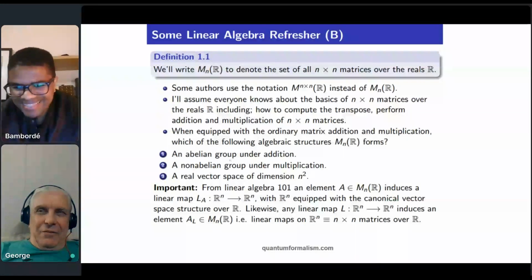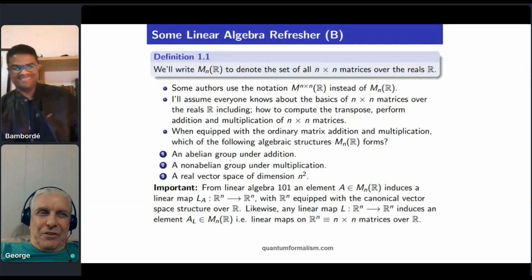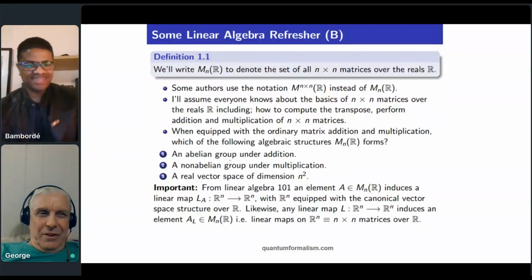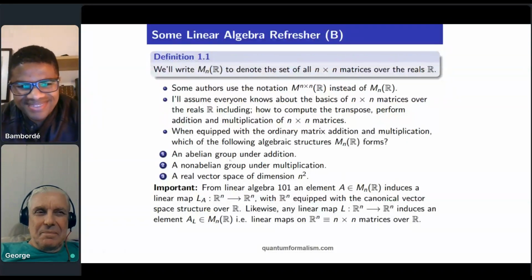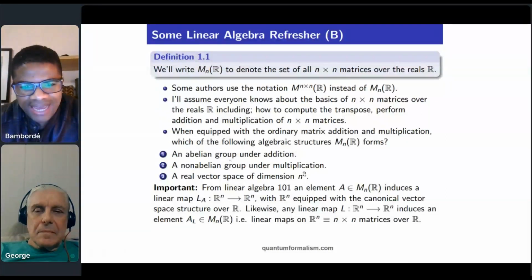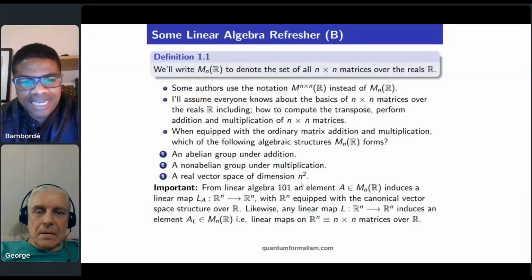Yes, if you stretch it out instead of thinking of it as a square, stretch it out into a line of 4 elements or n squared elements. Maybe here I have to add, I forgot, because here I'm just considering the binary operations on it, but there is also scalar multiplication. With the scalar multiplication, is this a vector space? Yeah, it is a vector space, yes.